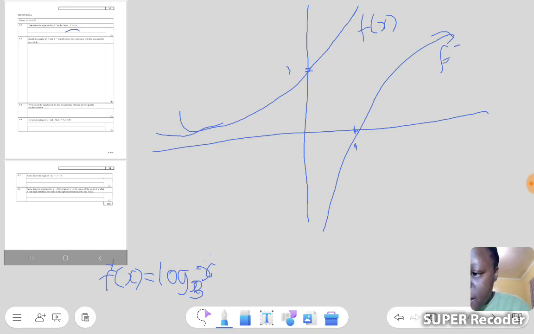And 6.3 says, write down the equation of the line of symmetry between the two graphs. The line of symmetry between the two graphs is around here, and we know that this line is called y equals x.